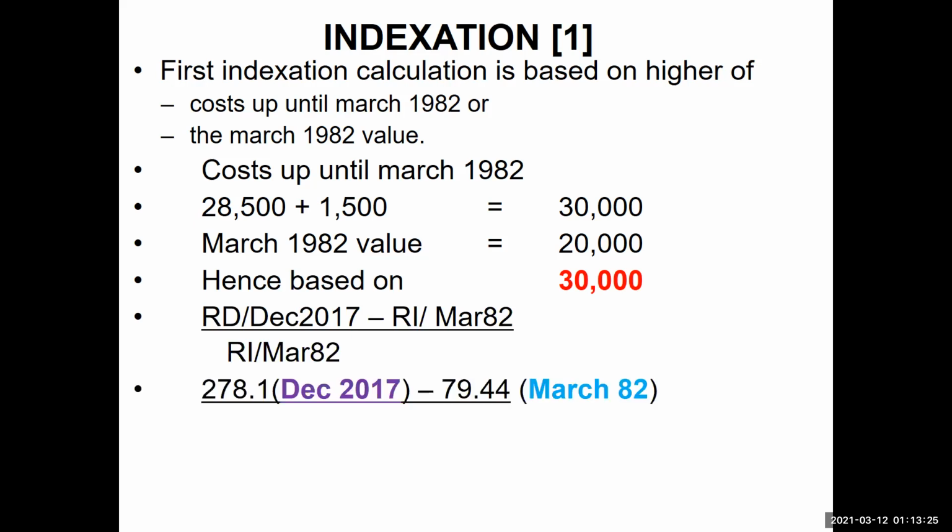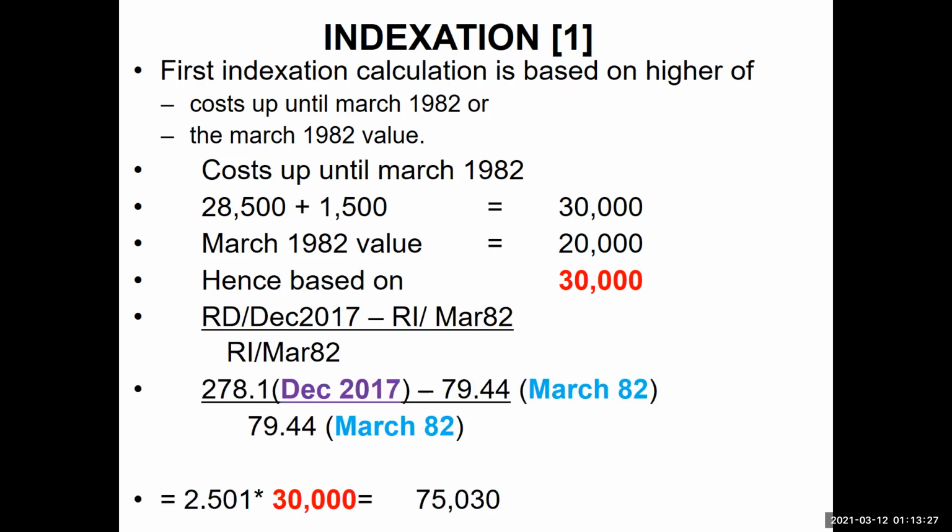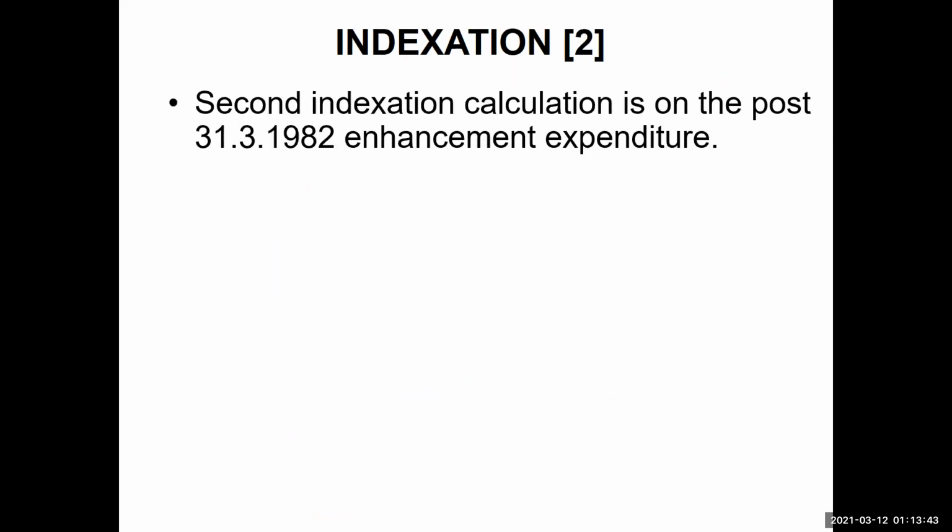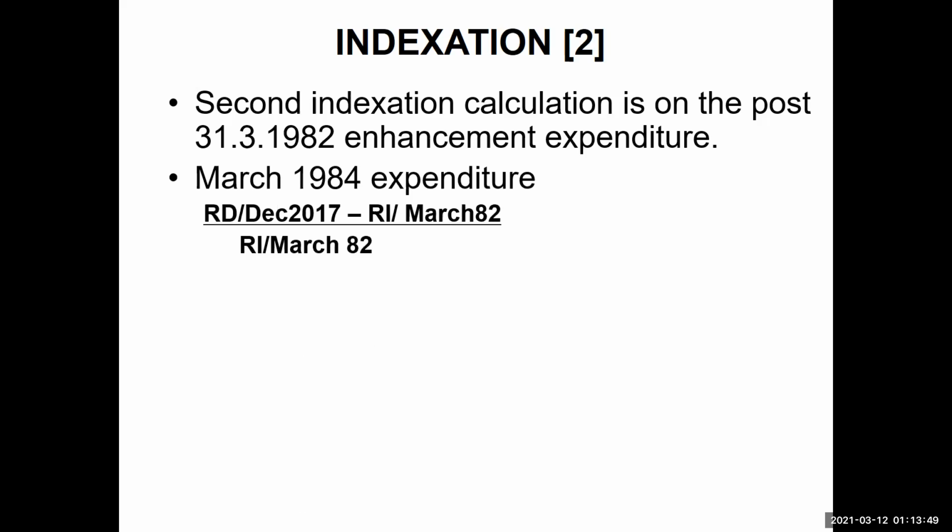Okay, so we have the figures there, plug them in, and you get 2.501 times 30,000. So that will give us the first indexation of 75,030. The next indexation will be the other allowable cost. And when we look at the question, it was typically the enhancement of 15,000 after that period, right? The second indexation is on the post 1982 enhancement expenditure, which was the only one, okay?